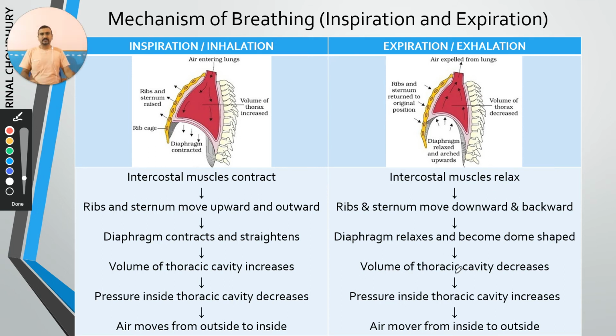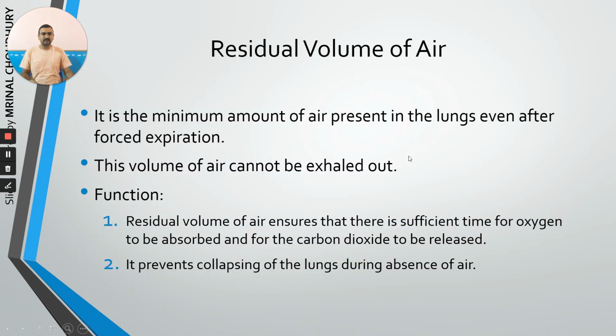So the air pressure inside increases because the volume has decreased. Now compared to outside, you have a greater air pressure inside, so the air goes from inside to outside, and that is the process of expiration. So that was a comparison between inspiration and expiration.